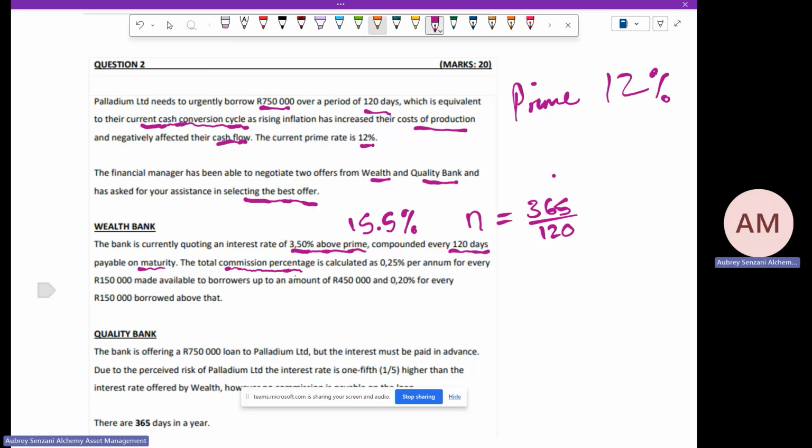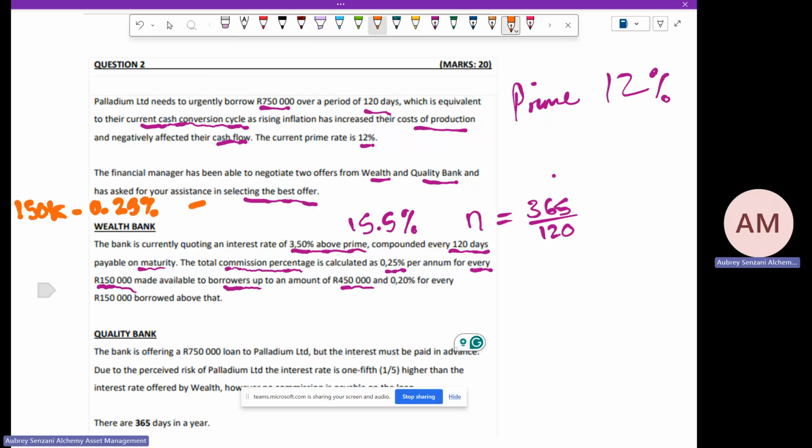The total commission percentage is calculated as 0.25 per annum for every 150 made available to the borrower up to an amount of 450. So we're basically saying 150K, 0.25%.